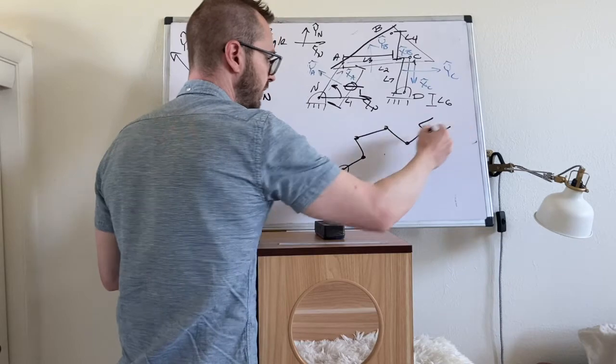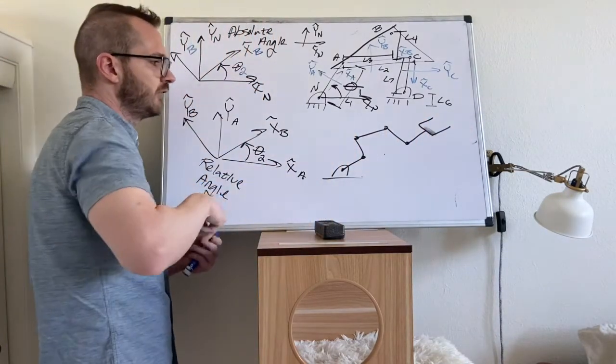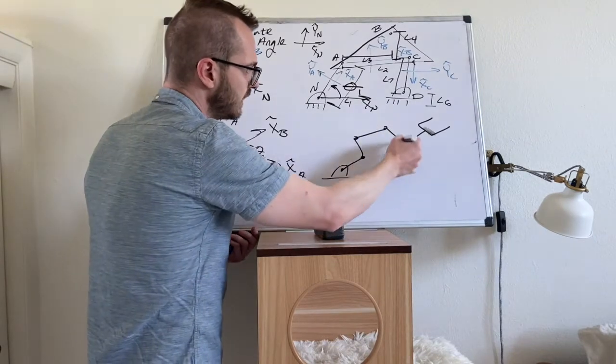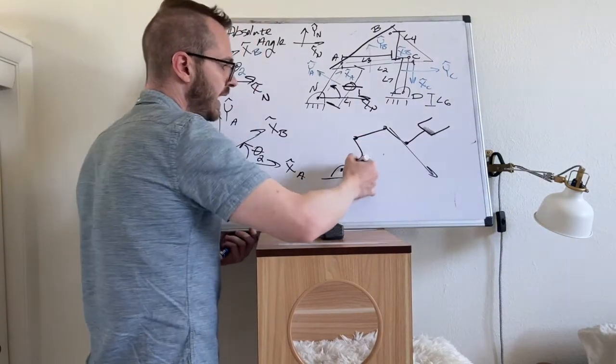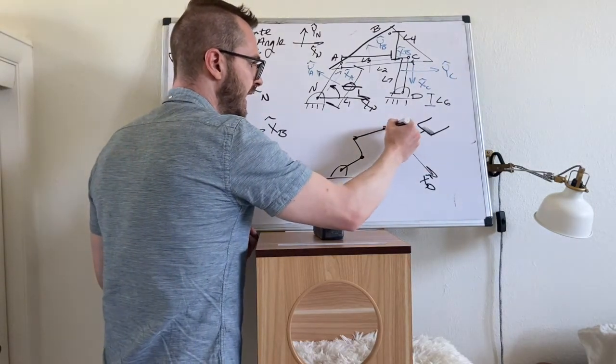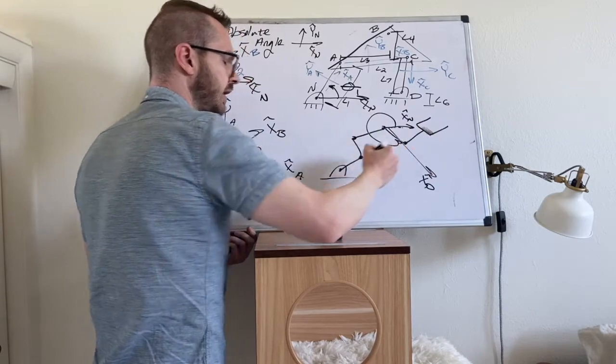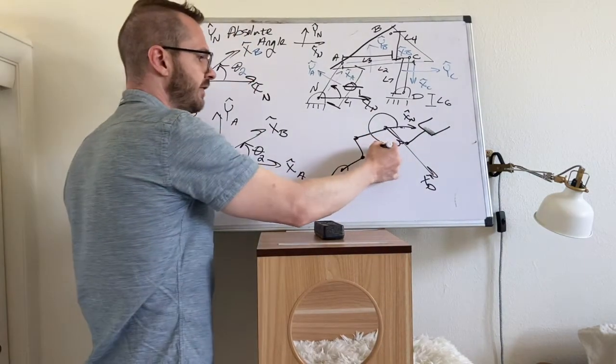There you go. So here's a whole series of joints in your robotic arm. And if you're using absolute angles, okay, there is A, B, C, so there is X hat D, and we need the angle between X hat N and X hat D. There it is. There's theta 4.